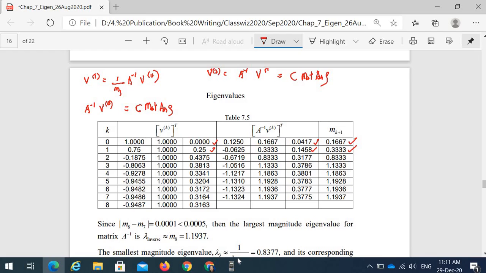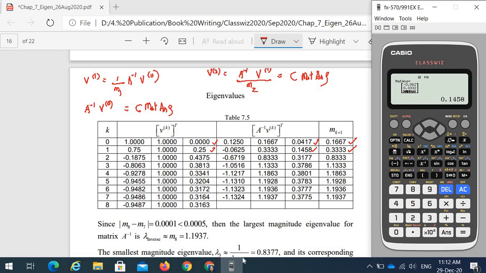And to get your V2, V2 is A inverse V1, divided by your M k plus 1, which is M2. So you take this one, just divide by the largest magnitude. So you get your V2.